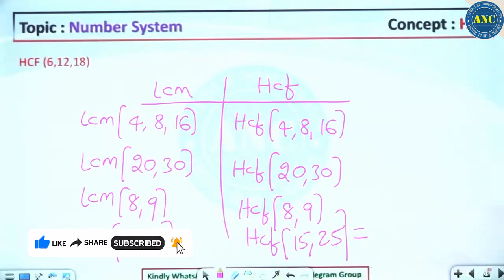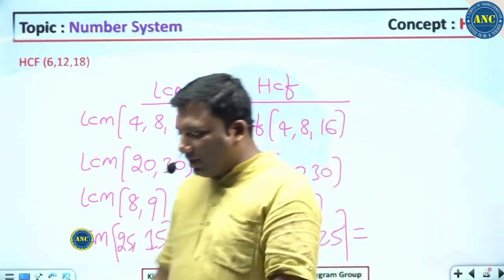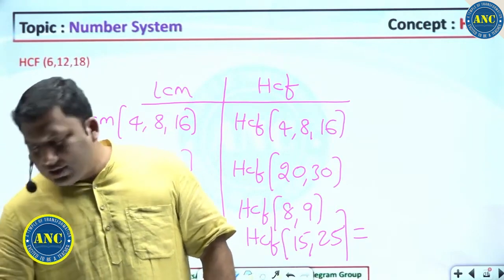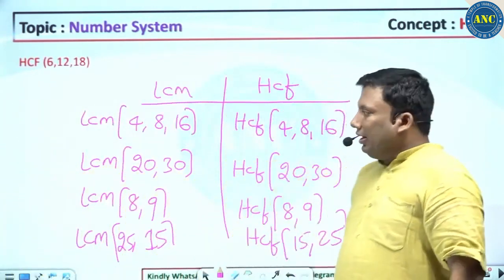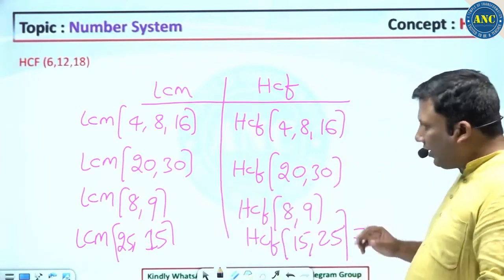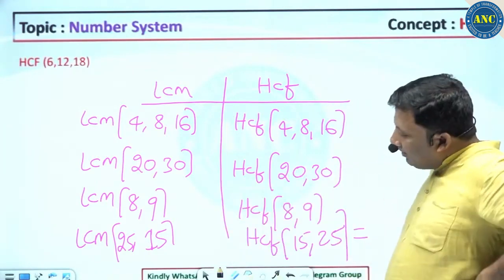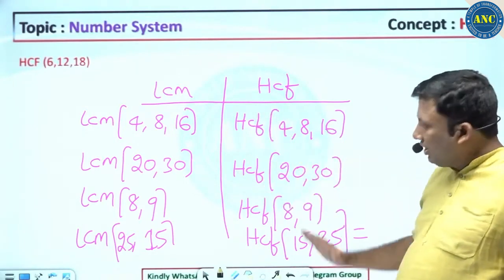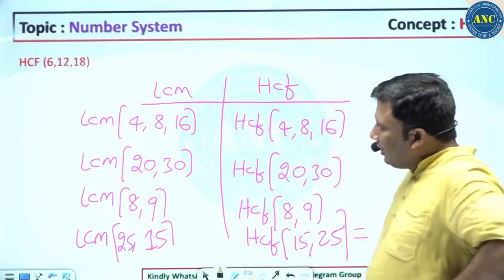Very important slide. You will understand the importance, right? You will find the difference between LCM and HCF: 4 problems on LCM, 4 problems on HCF, with the same numerical values.